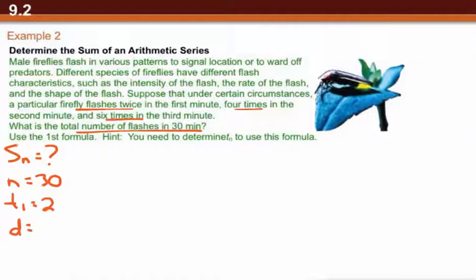It's not directly given to us, but with a little bit of thinking we can figure it out. Flashes twice in minute 1, 4 times in minute 2, 6 times in minute 3. What are we going up by? We're going up by 2 each time. Taking a look at this, we have d, but we don't have Tn.